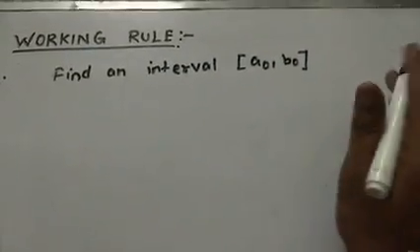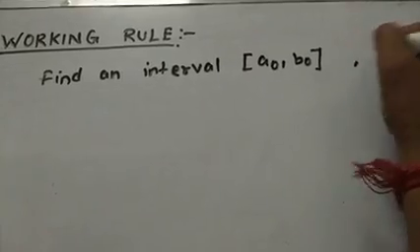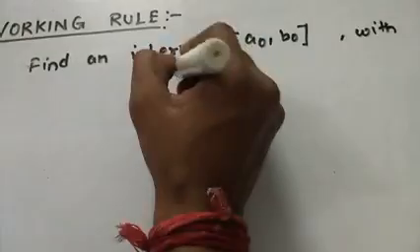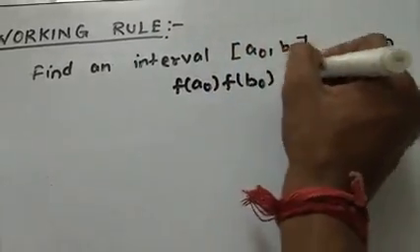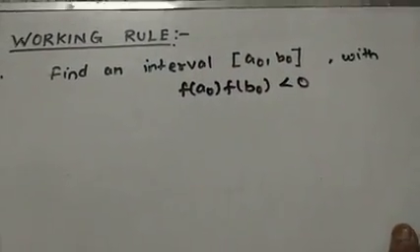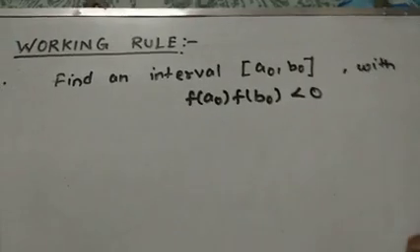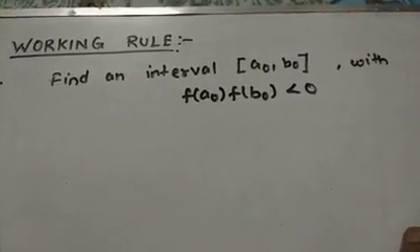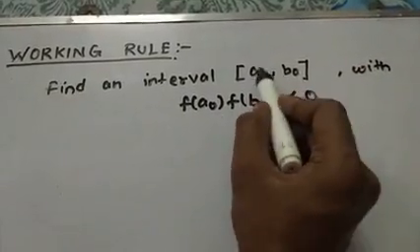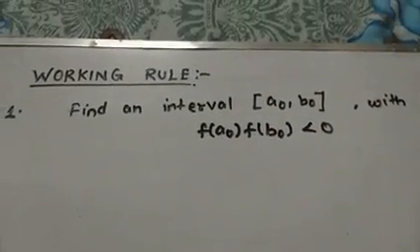Because initially we'll name it a0 b0, with the condition that f of a0 into f of b0 should be less than 0. We first find f of a0, then f of b0, and if the product is less than 0, then we will get that the root lies between a0 and b0. So this is the input.